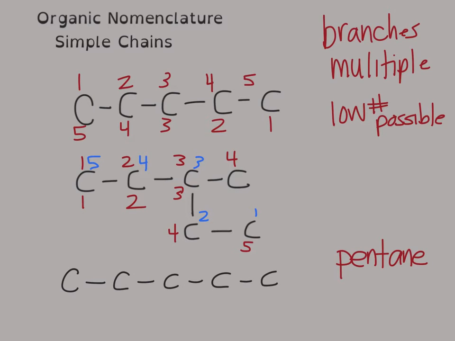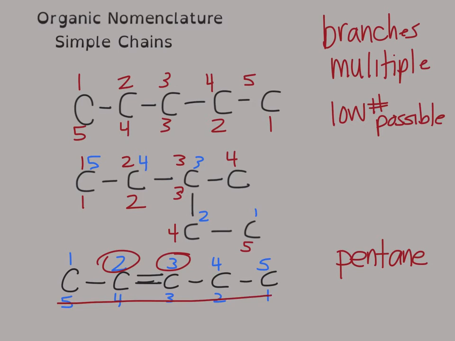So we have a 5 carbon chain, and on this carbon we have a double bond. So if we count it, we can count 1, 2, 3, 4, 5, or we can count left to right, 1, 2, 3, 4, 5. So our double bond is either between carbons 2 and 3 or between carbons 3 and 4. So the lowest possible location of this example would be between carbons 2 and 3.